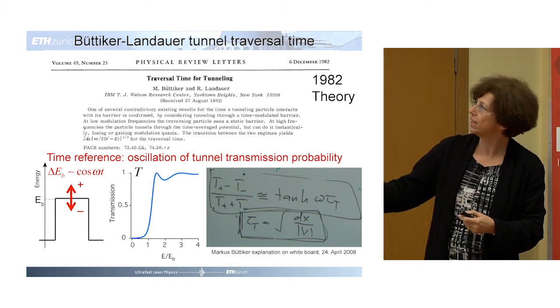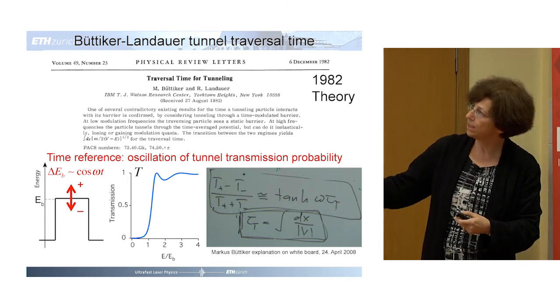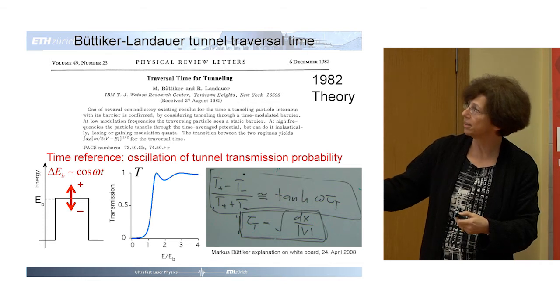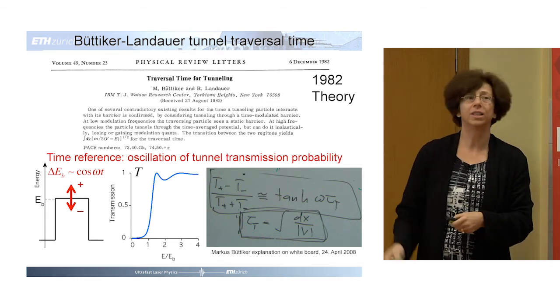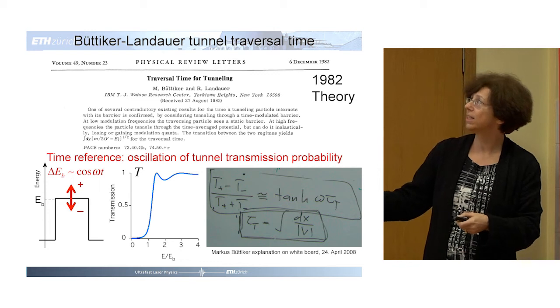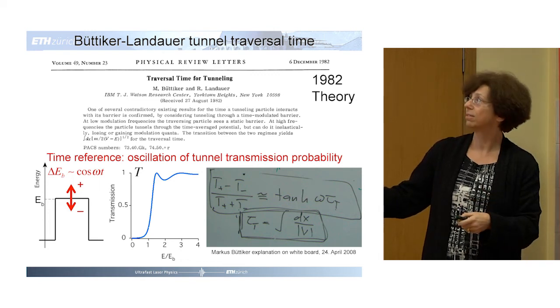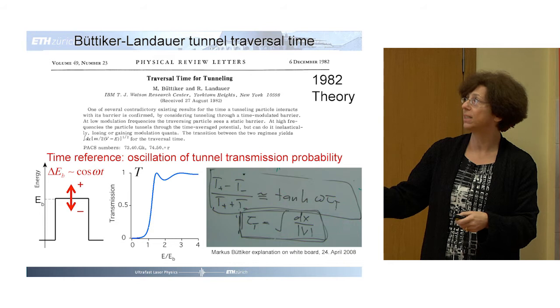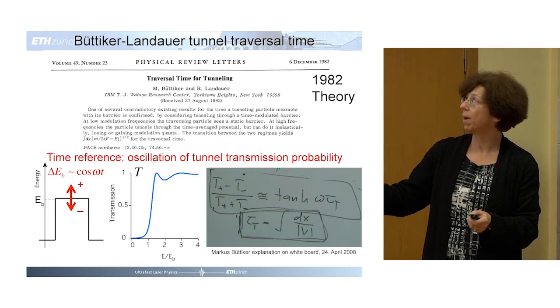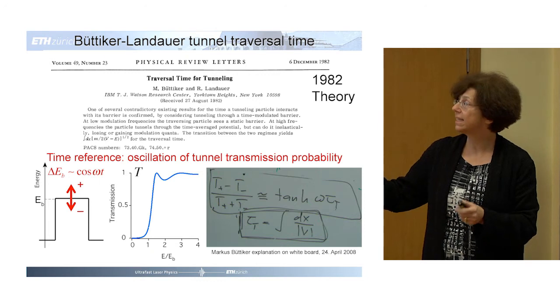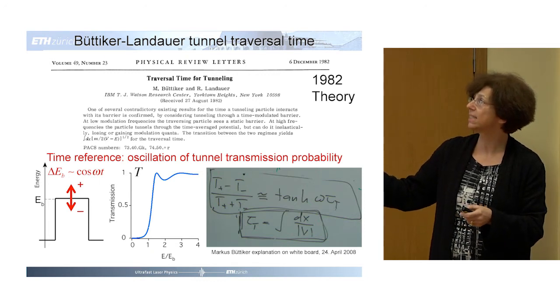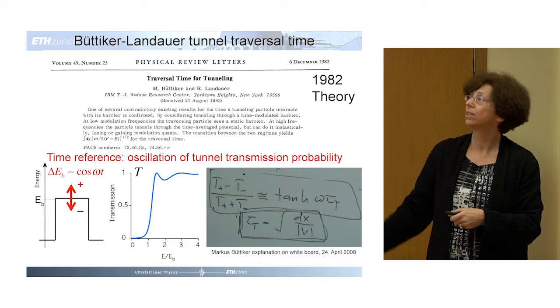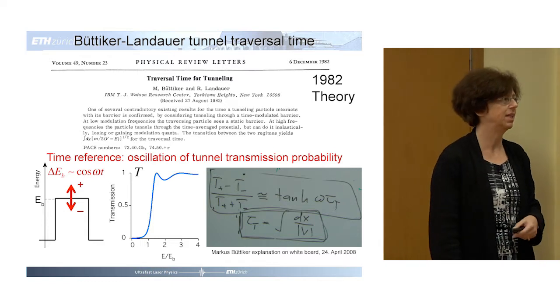They proposed to oscillate the height of the tunnel barrier, and when you then calculate the transition probability and take the contrast, the transition probability at the maximum height minus the transition probability at the minimum height divided by the sum, you actually get a tanh(ωτ), and a time. And then they said this time is the traversal time delay for the tunneling.